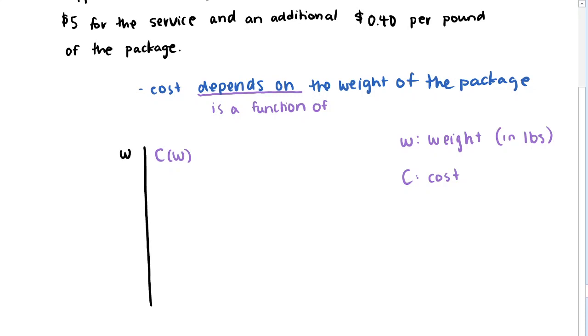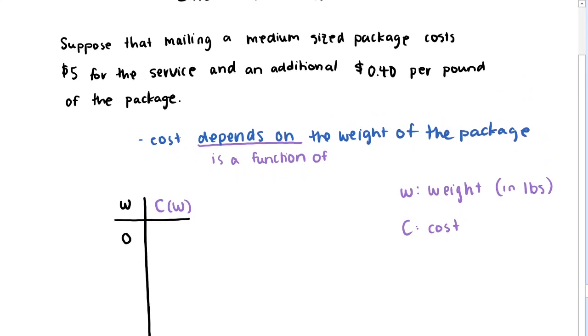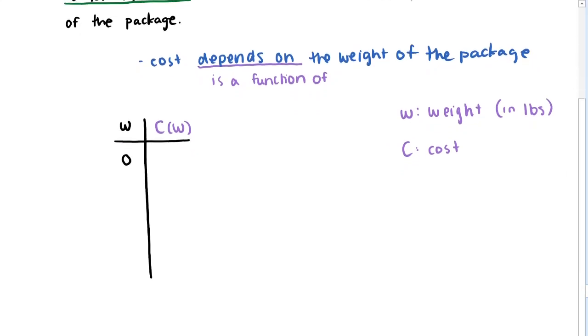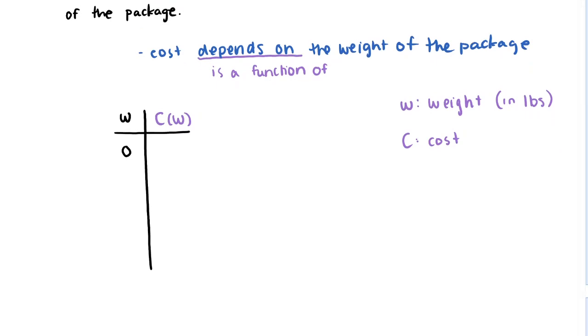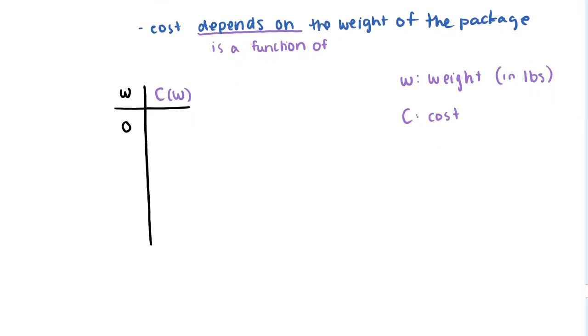And here, w can be our input. And so how much does it cost to ship a package that weighs 0 pounds? So it feels a little silly, but this idea of the fee for sending this package is that it's going to cost $5 just for the service, right? Regardless of the weight, it's going to cost $5. And so, as silly as it sounds to send a package that weighs 0 pounds, it's going to cost $5.